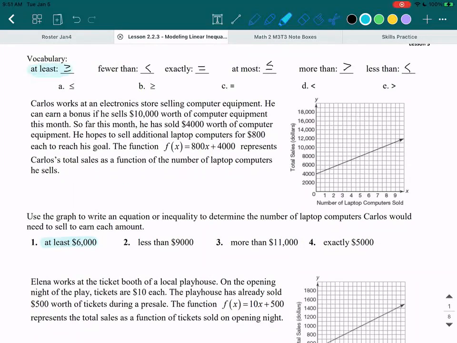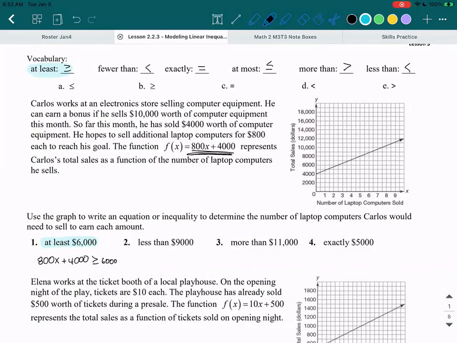I'm highlighting them both in blue so that you can see that we're going to use that symbol. So first, write down the 800x plus 4,000, and then we're going to use the at least symbol, which is greater than or equal to 6,000.